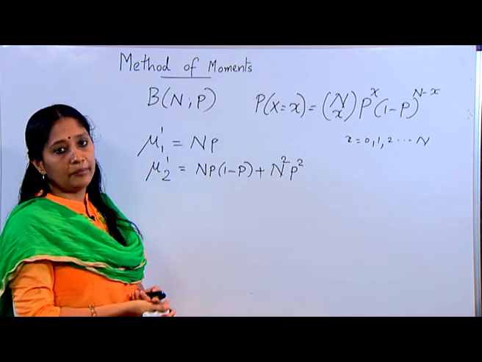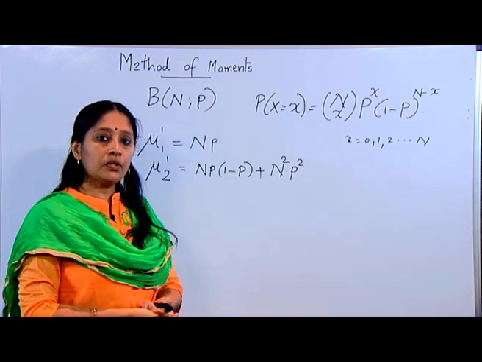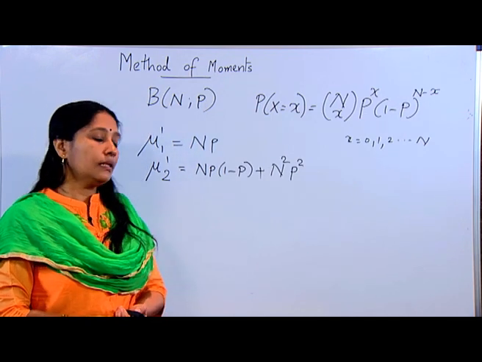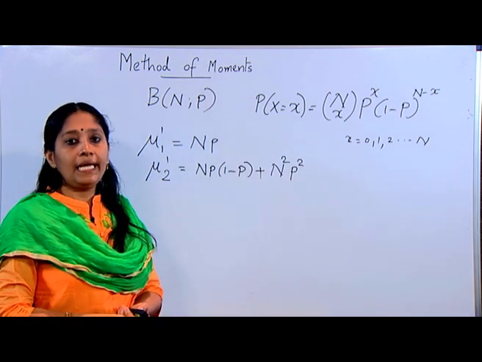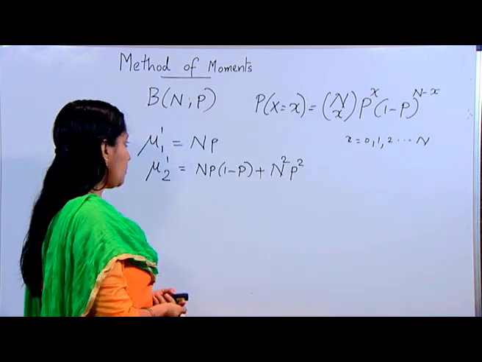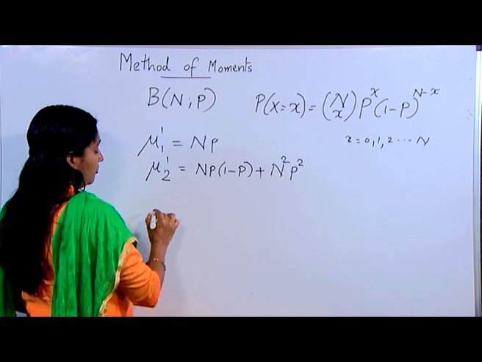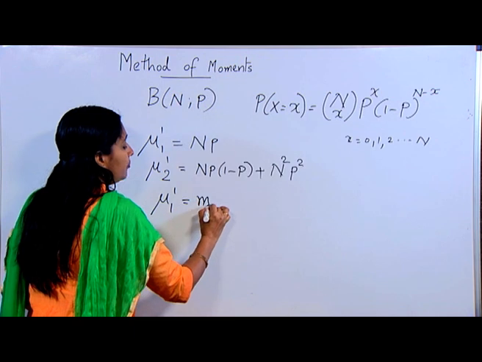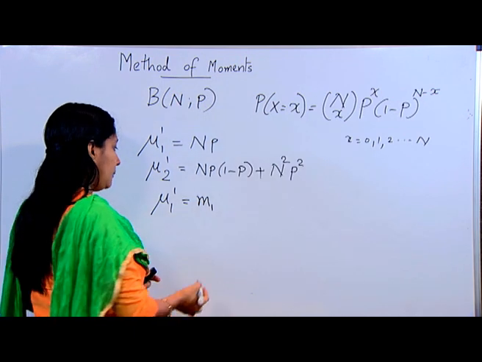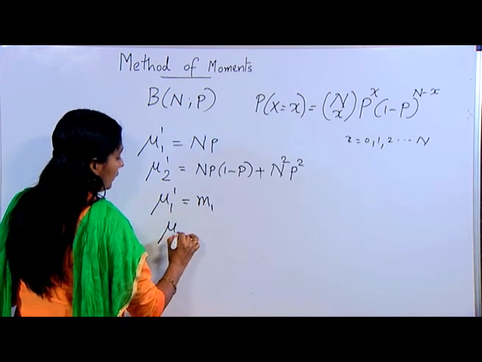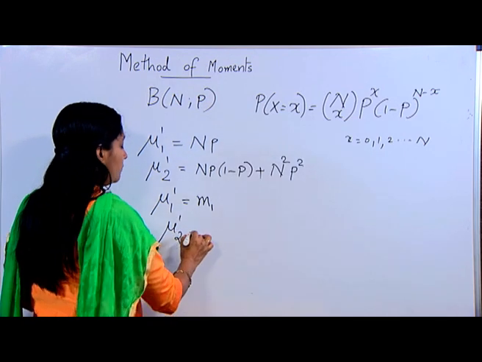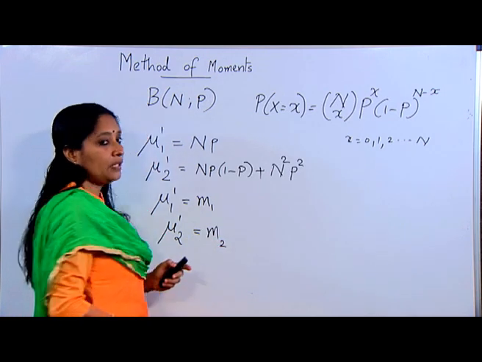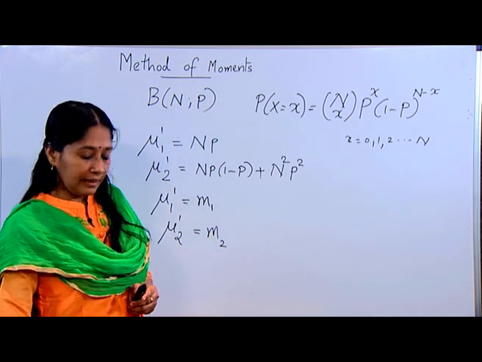Here we have two parameters N and p. So, we need two equations to find the moment estimators of N and p. So, we equate the first order population moment mu 1 dash with the first order sample moment m1, or summation xi by n, and the second order population moment mu 2 dash with the second order sample moment m2, or summation xi square divided by n.